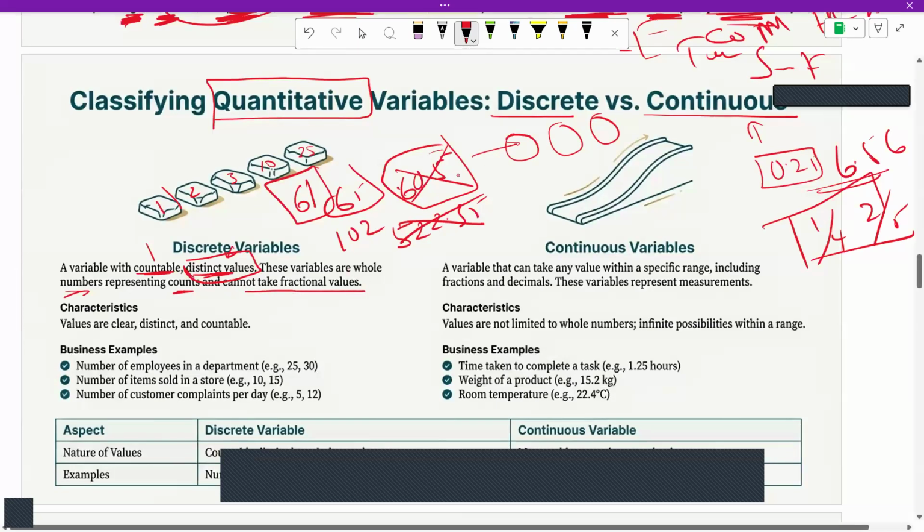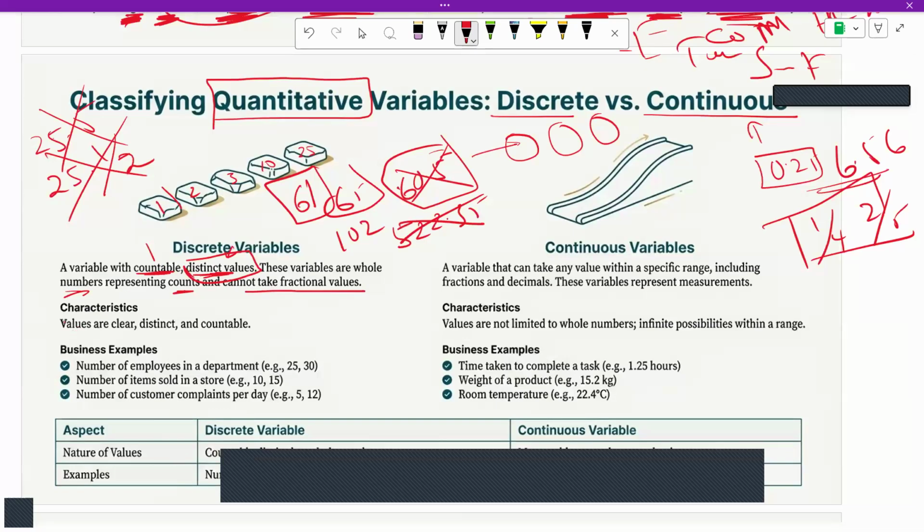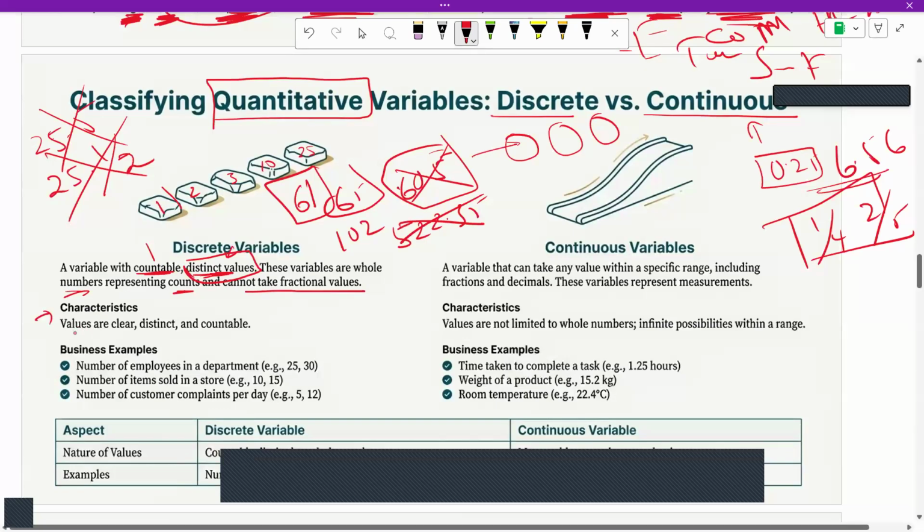The number of employees, 25.5 or 20.5, we can write in this way as well. But we can't count in this way. So this kind of variable is called a discrete variable. When we look at the characteristics, the values are clear, distinct, and countable.